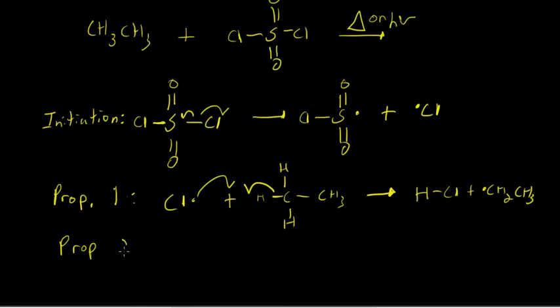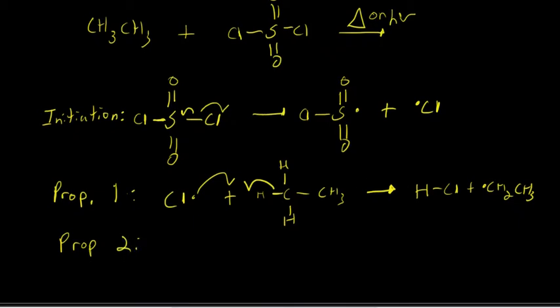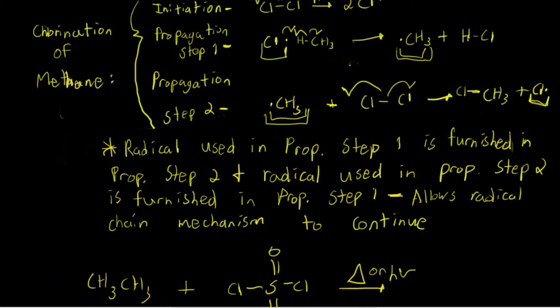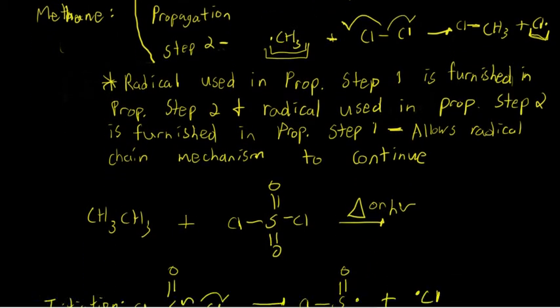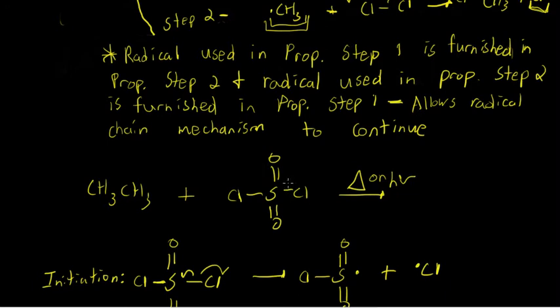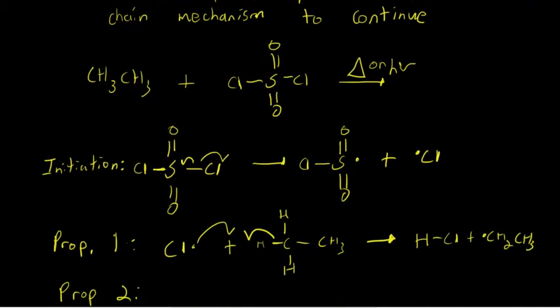And propagation step 2. If you remember in the chlorination of methane, in propagation step 2, we had diatomic chlorine react with the methyl radical. Here there is no diatomic chlorine. Our source of chlorine radical was sulfonyl chloride.